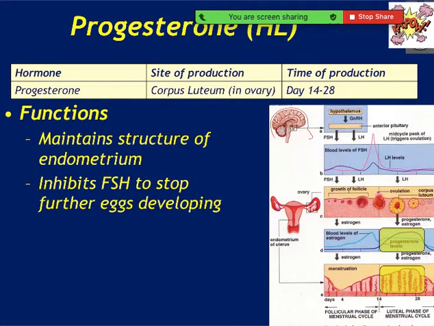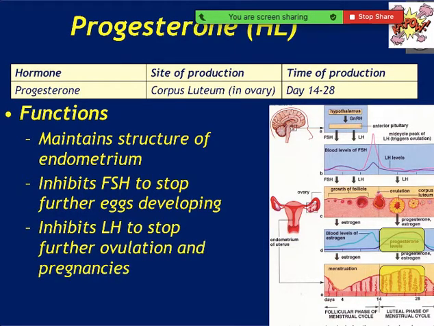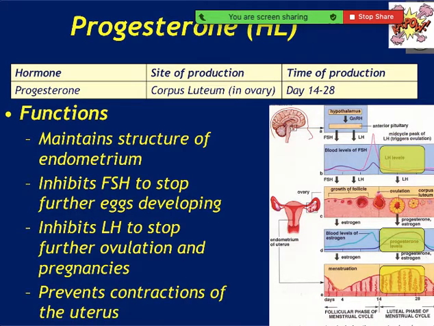Progesterone is a bit of a weird one because it has an influence on both FSH, which comes before it, and LH. Your body is of the opinion that it's pregnant, so it definitely doesn't want to have any eggs developing. So FSH will be inhibited, LH will be inhibited because, again, it thinks you're pregnant. It doesn't want any other pregnancies, and it will also prevent contractions of the uterus.